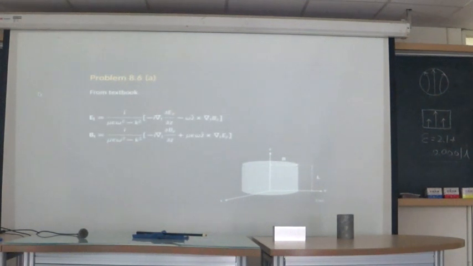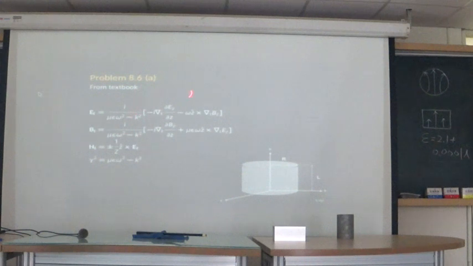And from the textbook, we know that the transverse electric field and transverse magnetic field can be computed from the Z components of the electric and magnetic fields. The H field is defined by the Z direction cross the transverse electric field divided by the impedance, and we define this denominator as gamma squared.